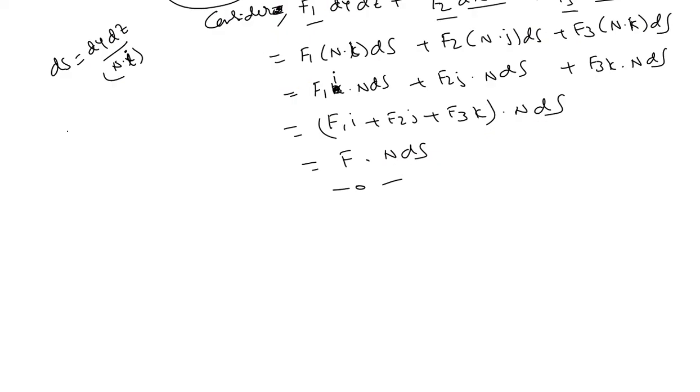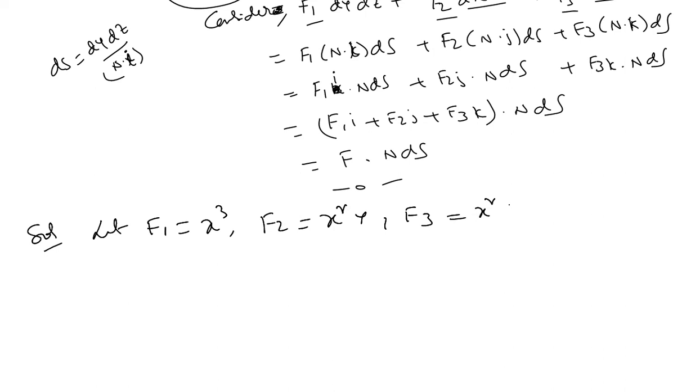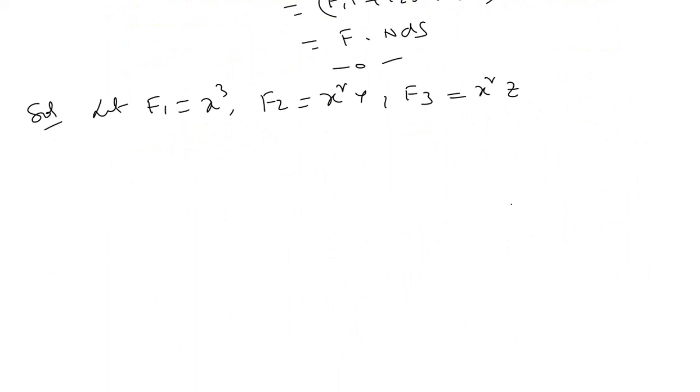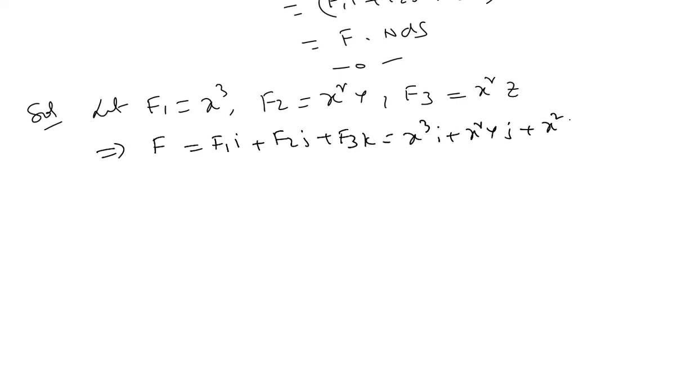Now what is f1 here? Solution starting. Let f1 equal x cube, f2 equal x square y, f3 equal x square z. Now find the f value. F equals f1i plus f2j plus f3k, which is x cube i plus x square y j plus x square z k.